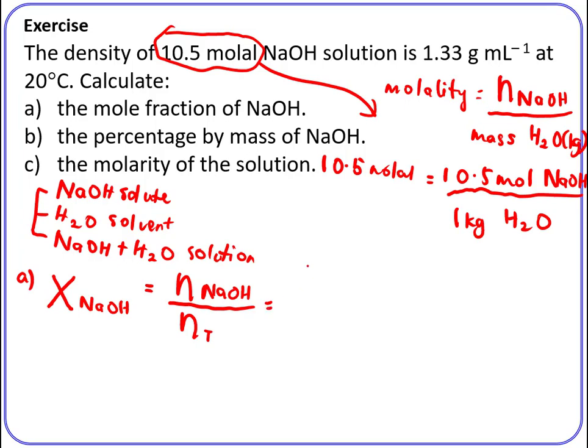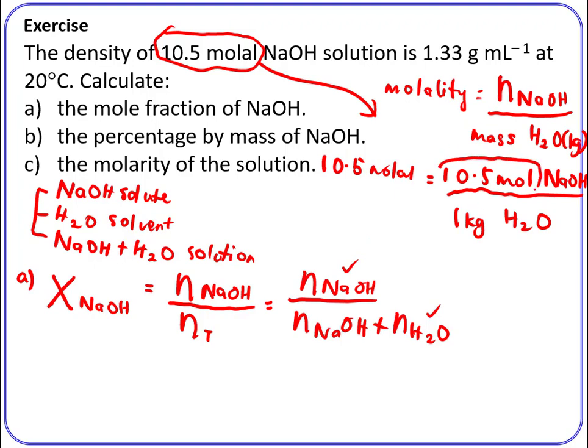Mole total equals to n NaOH plus n water. So you have to find the mole of water. You have the mole of NaOH, right? Here, 10.5 mole. So you insert here.